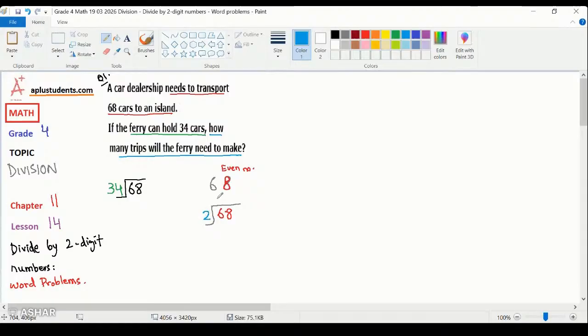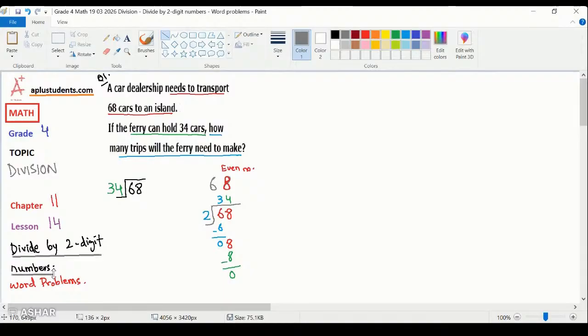2 times 3 was 6. We bring down the 8. 2 times 4. So when we divide 68 by 2, we get 34 as the answer. Agreed? But the topic is, we need to divide by a 2-digit number.